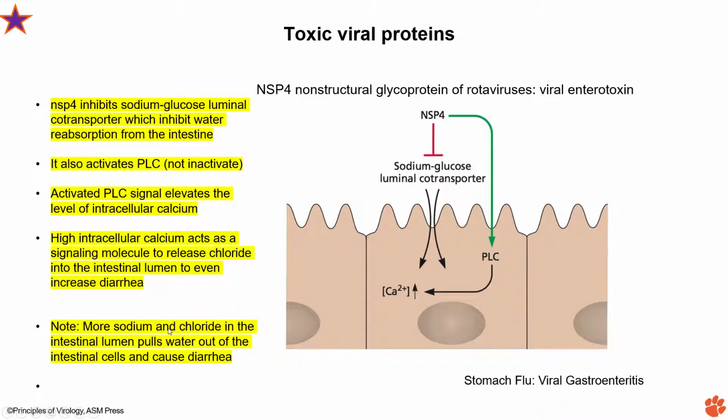So more sodium chloride in the intestinal lumen pulls water out of the intestine. Just remember that it blocks the sodium glucose luminal transporter, activates PLC, elevates the calcium level, and that calcium level signals chloride to be transported or secreted into the gut, the lumen of the intestine.